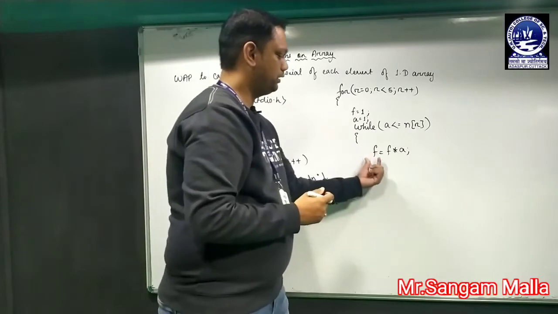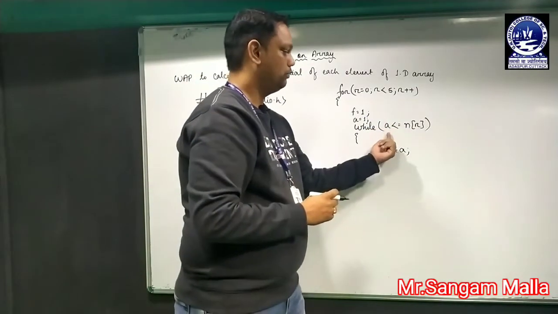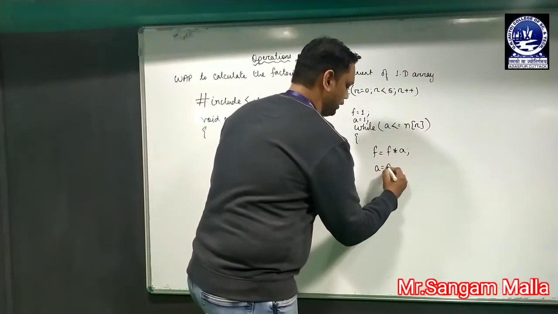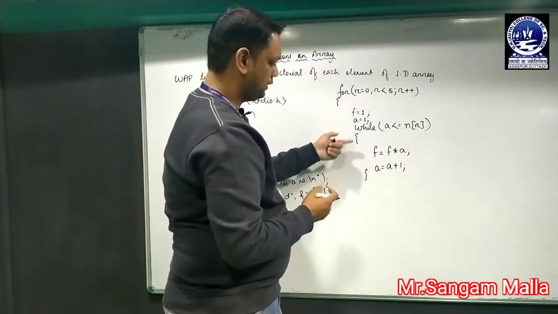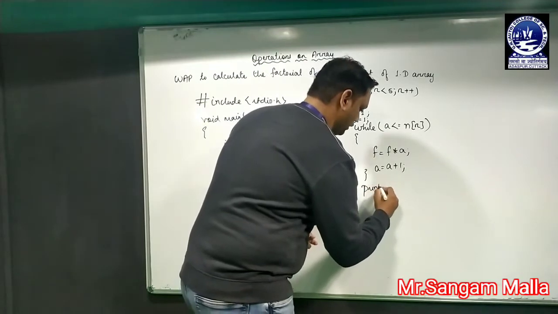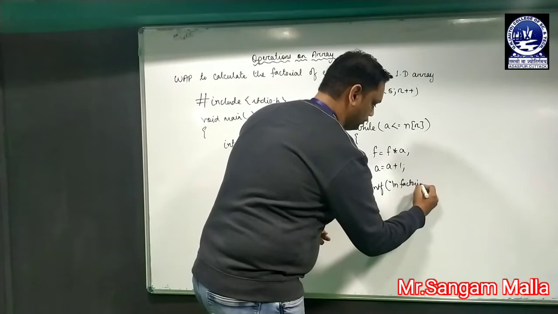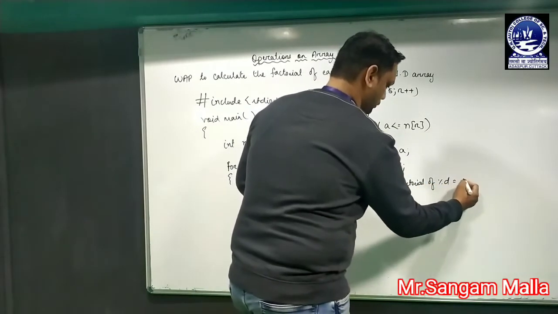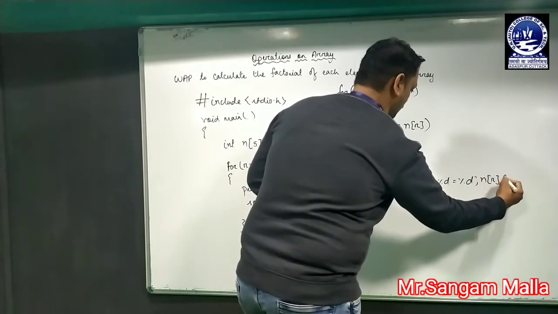That means a will be moved from 1 to that particular number. Then a will be incremented by 1, a equal to a plus 1. So after this loop we will print the value of factorial. That means printf("\nFactorial of %d = %d", n[r], f).